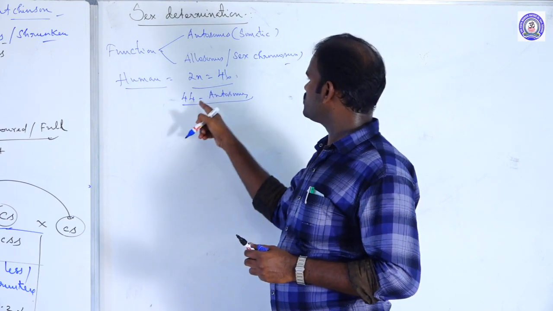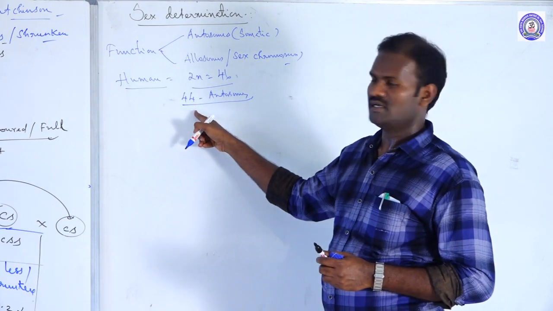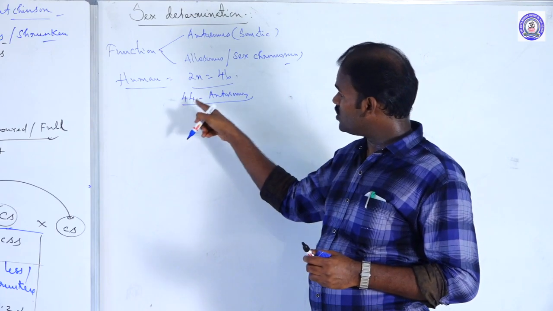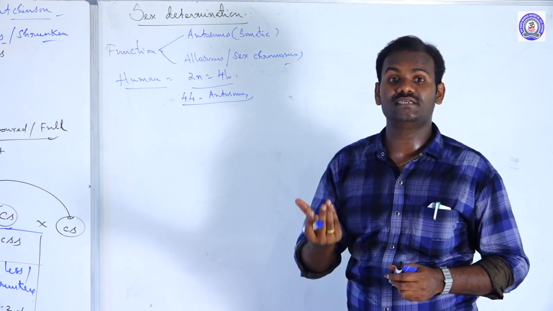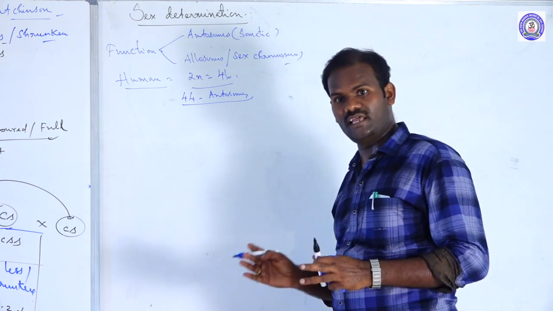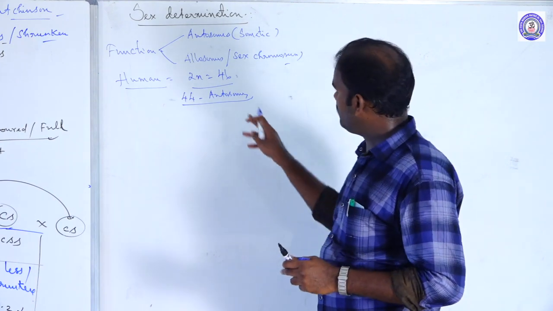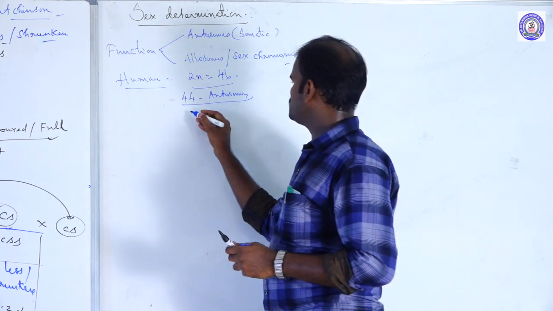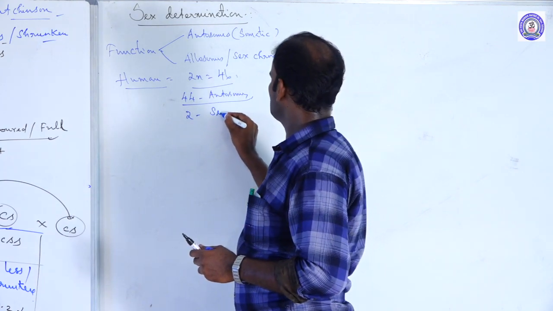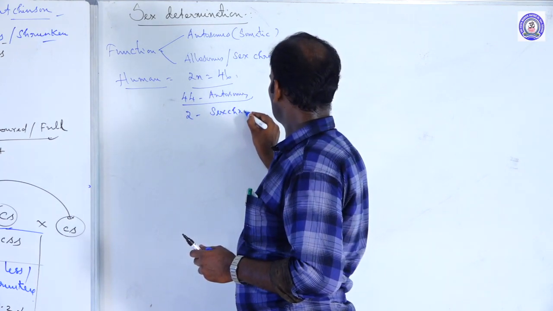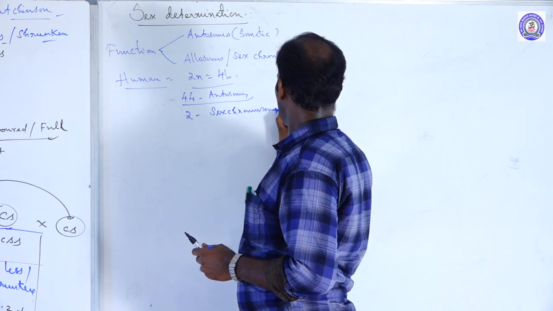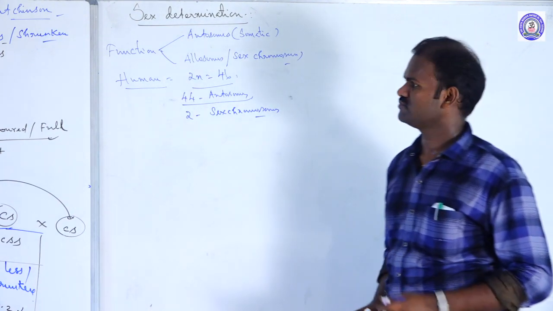Whereas the remaining 2 chromosomes differ from the autosomes in their morphological structure and behavior. Structurally and functionally, they differ from the autosomes. These 2 chromosomes are called the sex chromosomes, also called allosomes.